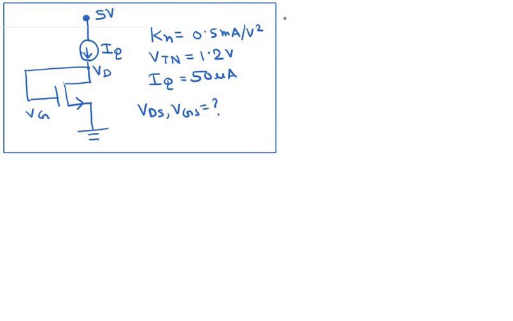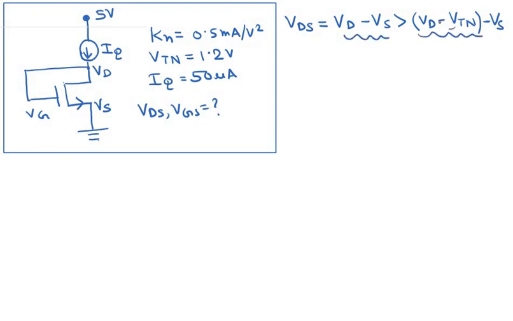So this is Vs which is grounded. So VDS is equal to Vd minus Vs, and this must be greater than Vd minus Vtn minus Vs. So this quantity is greater than this quantity over here because we are subtracting this Vtn.